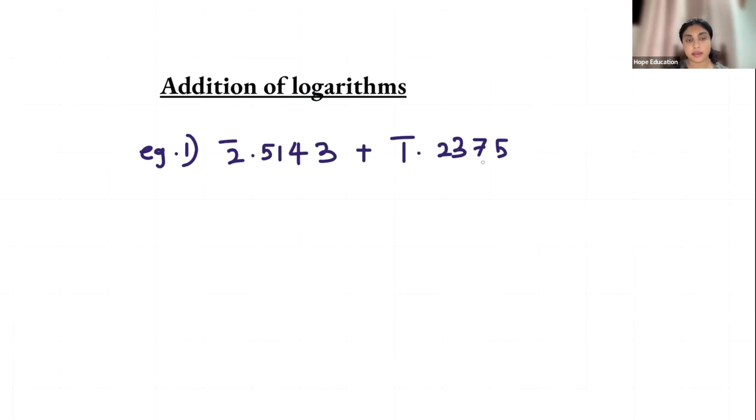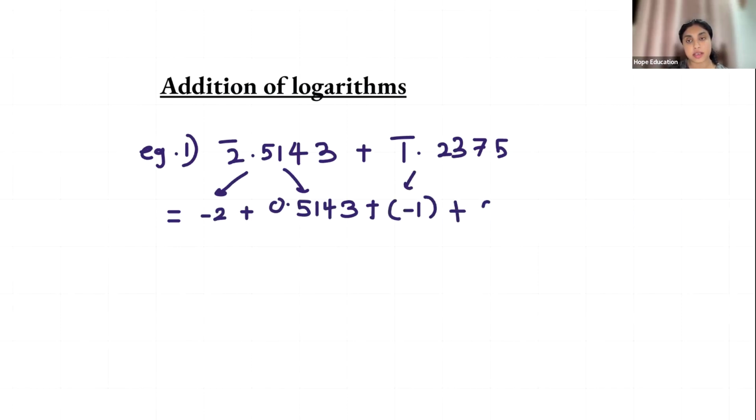Now see, I separate the characteristic and the mantissa. Here the characteristic is -2 and the mantissa is 0.5143. This one's characteristic is -1 and the mantissa is 0.2375. Then we add the characteristics separately and the mantissas separately.